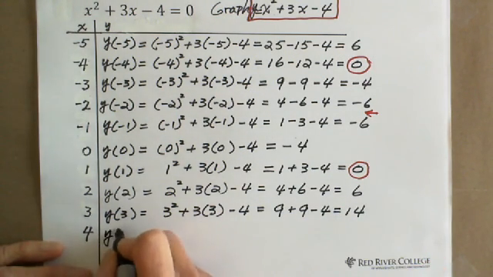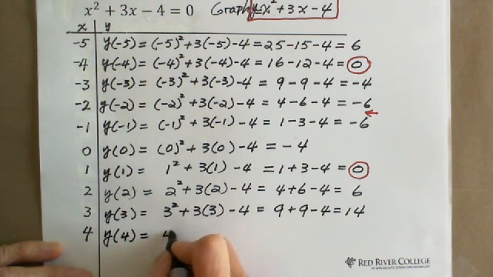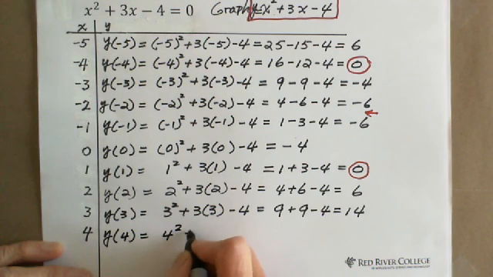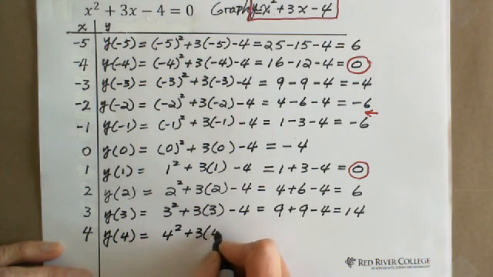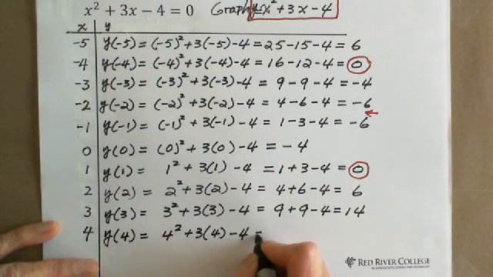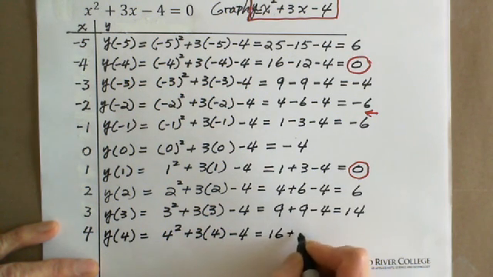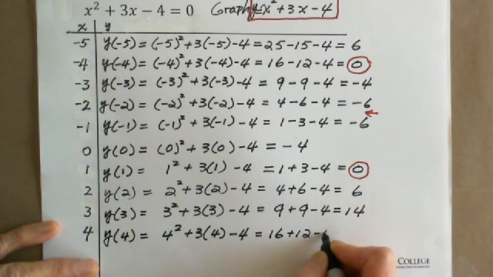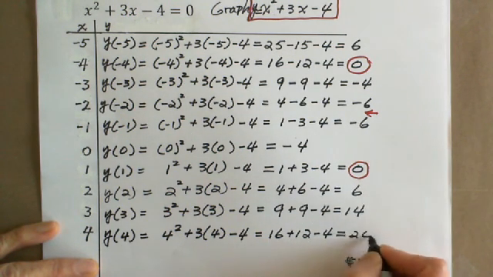And y when x equals 4: 4 squared plus 3 times 4 minus 4 gives us 16 plus 12 minus 4, which is 28 minus 4, 24.